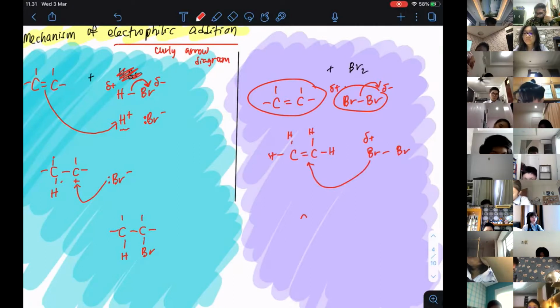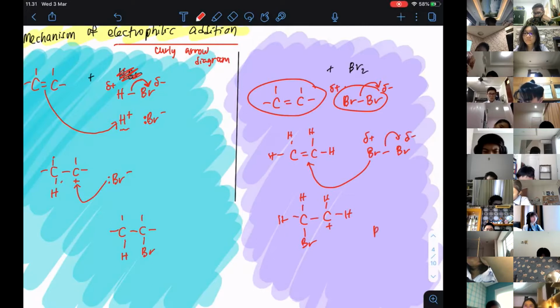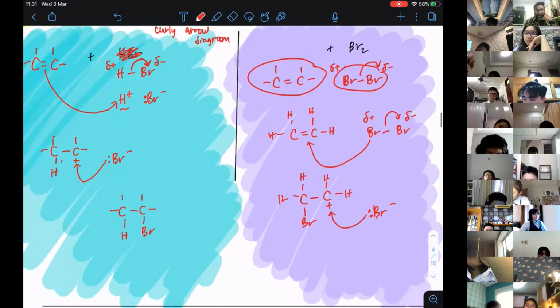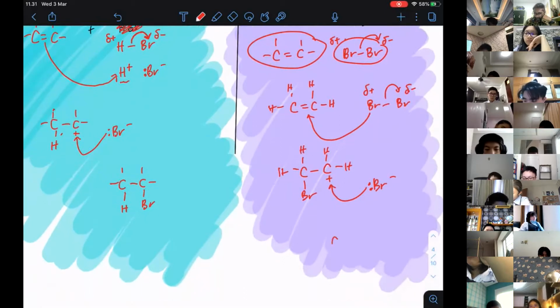The Br-Br bond is broken, and you will have Br+ attached, while the delta negative one becomes Br- with a lone pair. Now this Br- will go in, similar to what we did earlier, and you will get this molecule.